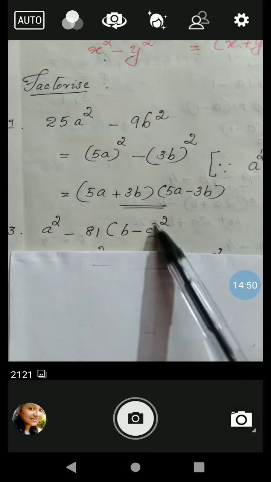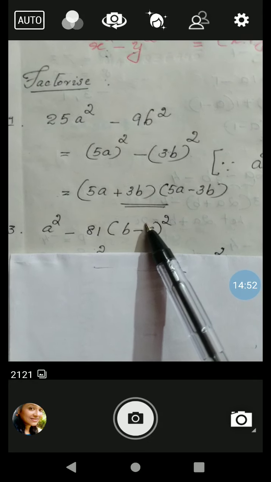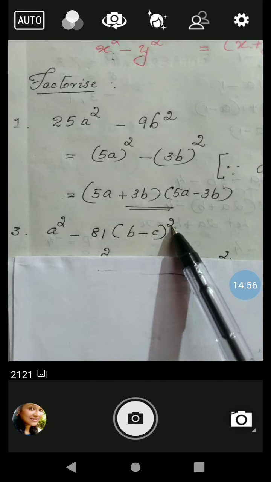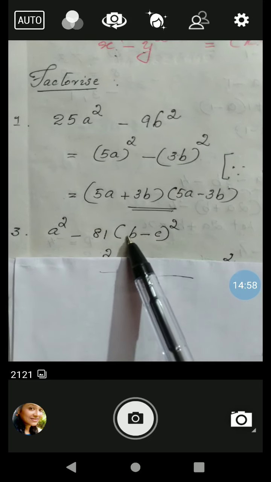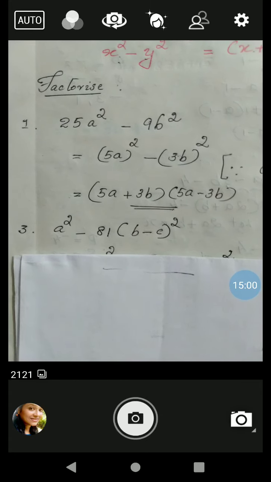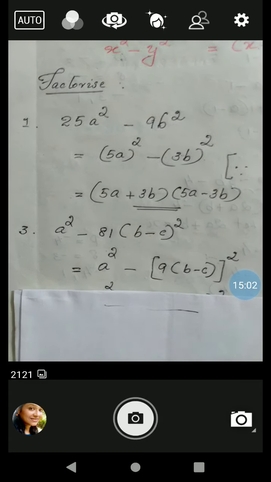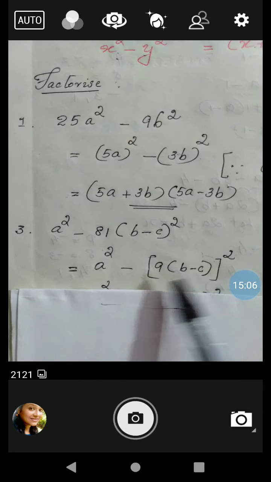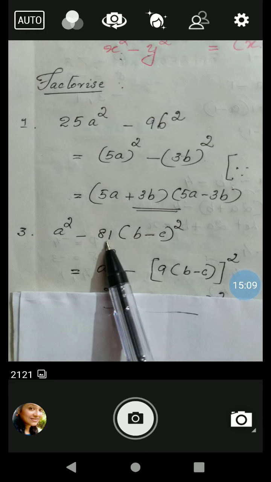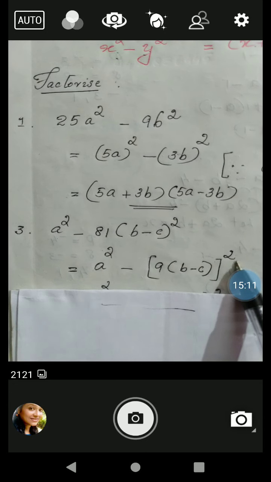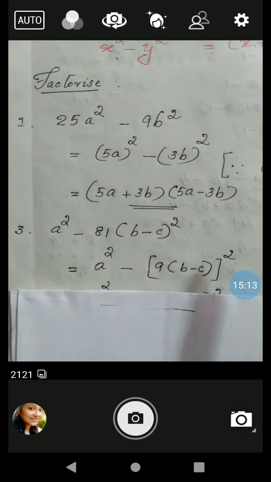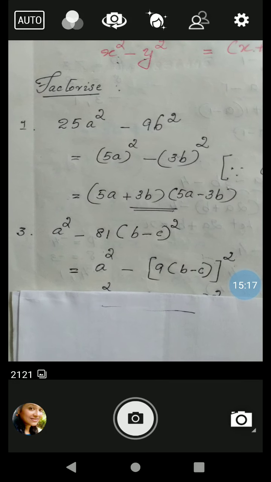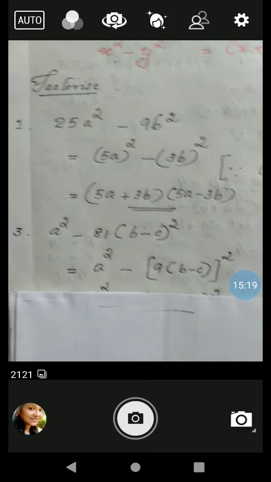This together is also a perfect square, because 81 into b minus c square can be written as 9 into b minus c the whole square, right? When we take the square of this 9, you will get 81, then b minus c the whole square. Do you remember? a into b the whole raised to m is a raised to m into b raised to m.